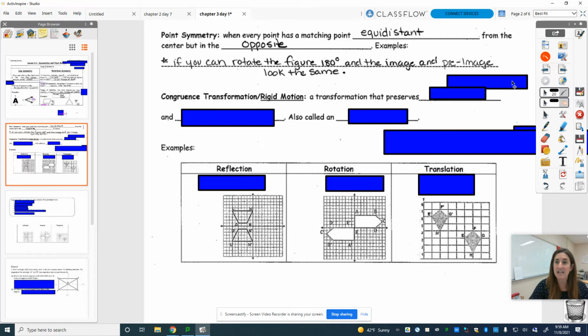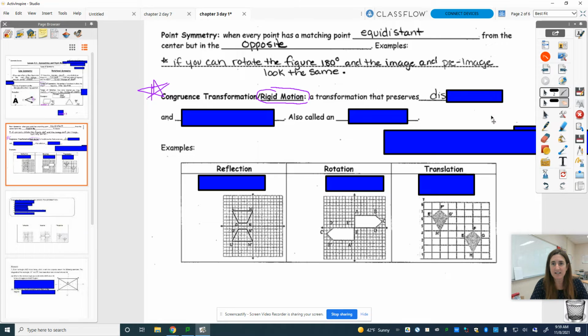Okay. Now, this next stuff is super duper important, so maybe star it on your notes, because this definition of what a congruence transformation or a rigid motion is going to have to get memorized. Rigid means it's not going to change size, and motion is some sort of movement.